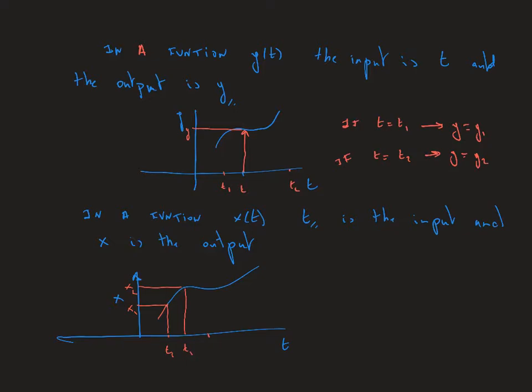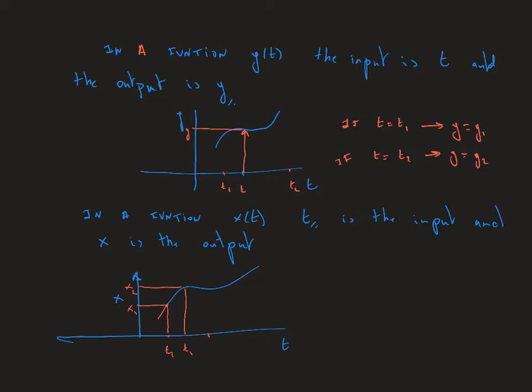If you have, for example, a function that is y of t, t is the input, y is the output. So at certain times t, you will have the input, and the input will produce an output. So if t is equal to t1, you produce an input, let's say this one.